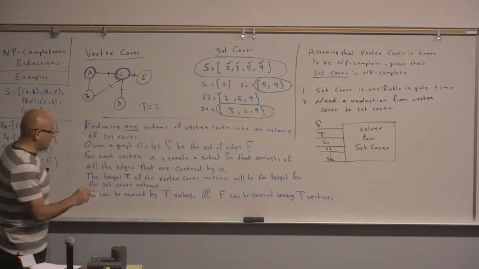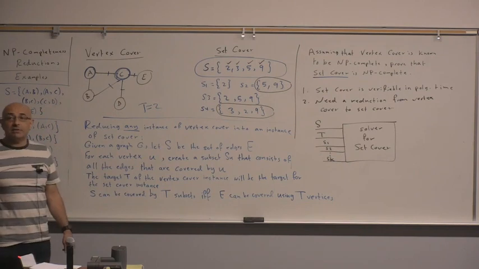So if S can be covered using T subsets, then E can be covered using T vertices.